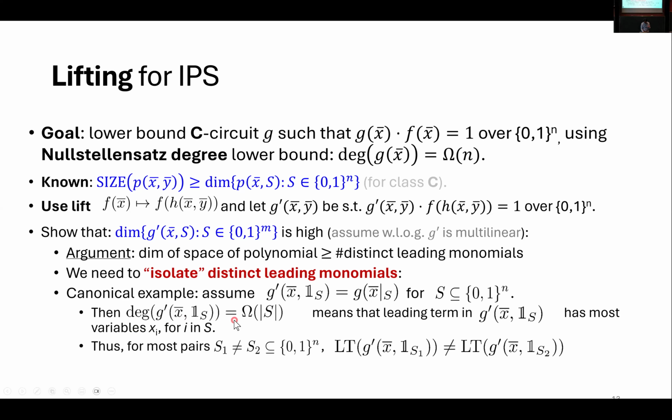The degree here is going to be linear in the size of S. So for different S's, they will be very different in the variables. So I will have a lot of distinct pairs of leading monomials, and hence I will lower bound the dimension of the space, and hence lower bound the size of G, and hence lower bound the IPS refutation.